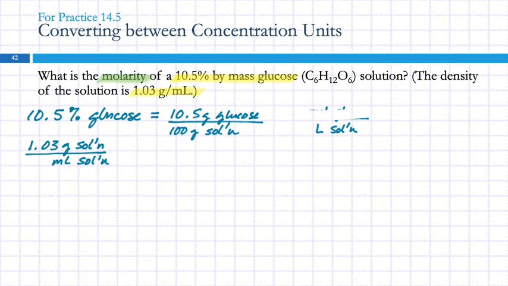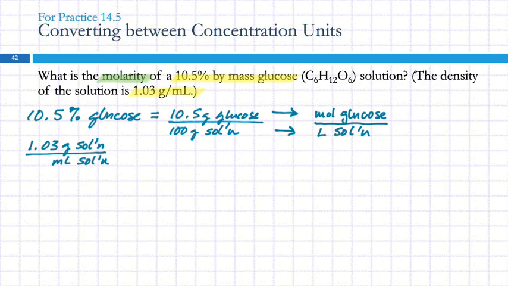Well, that didn't work out very well, did it? Let's do grams of glucose to moles of glucose. That is just horrible. So let's convert grams of glucose to moles of glucose, and then separately, let's convert grams of solution to liters of solution, and then we'll put them back together. Does that make sense?